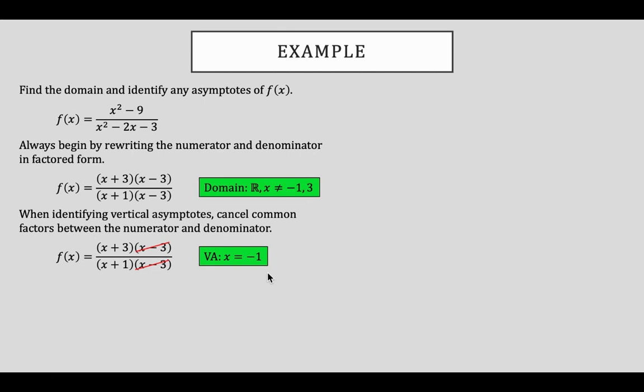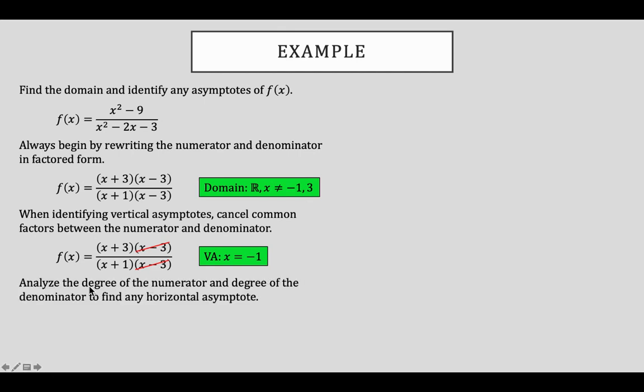Now let's talk about horizontal asymptotes. To find horizontal asymptotes, we need to analyze the degree of the numerator and the degree of the denominator. You can do this once the common factors are canceled out, but I find it's easiest just to look at the original rational function, where we have a polynomial over a polynomial. In this case, the degree of the numerator is 2, and the degree of the denominator is also 2.